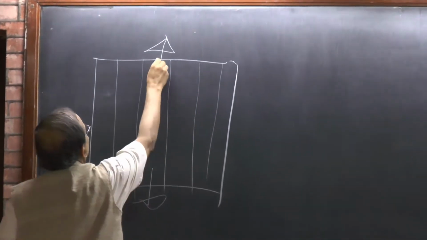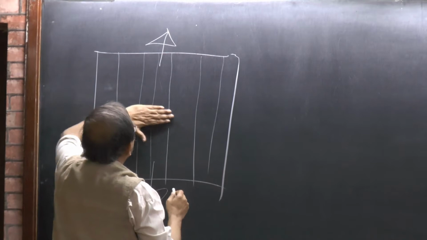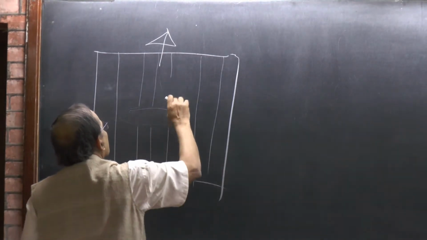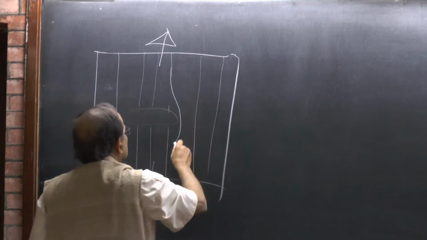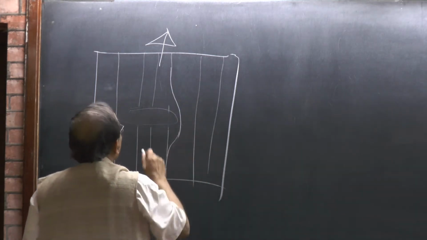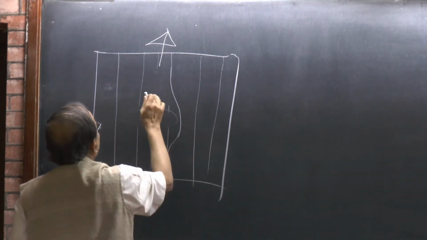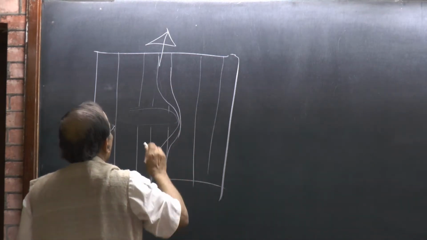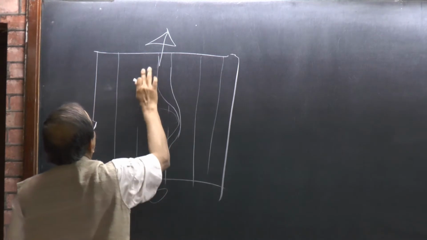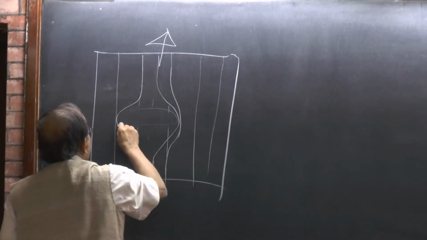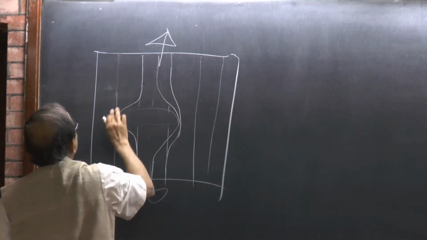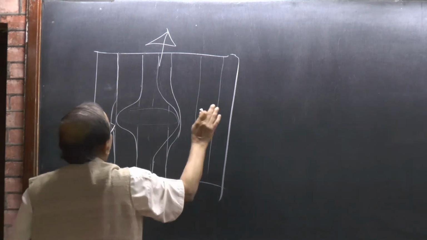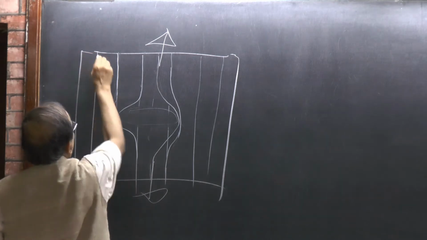But once you put some defect here, then this line will be somewhat like this, and far away, of course, there would be nothing.